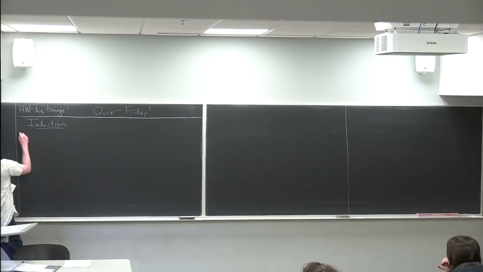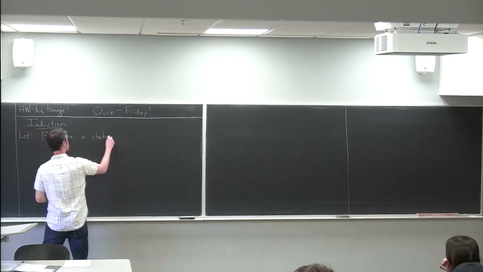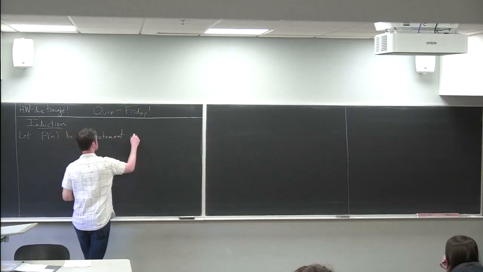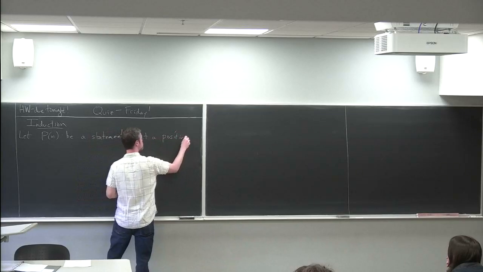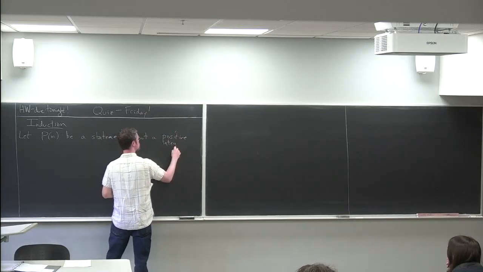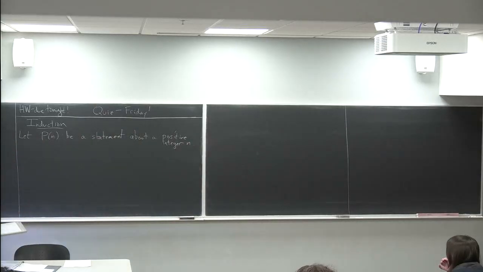So let's be a bit abstract here. Let P of n be a statement about a positive integer n. A statement just means the sentence is either true or false.